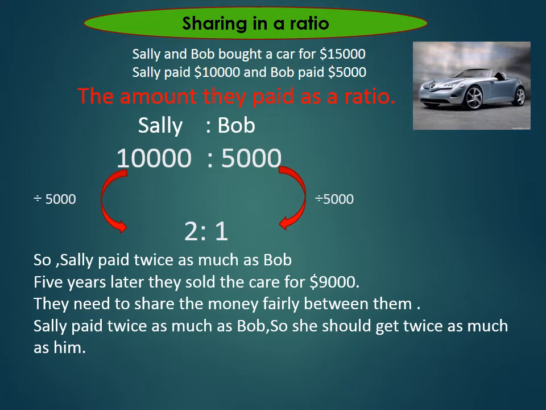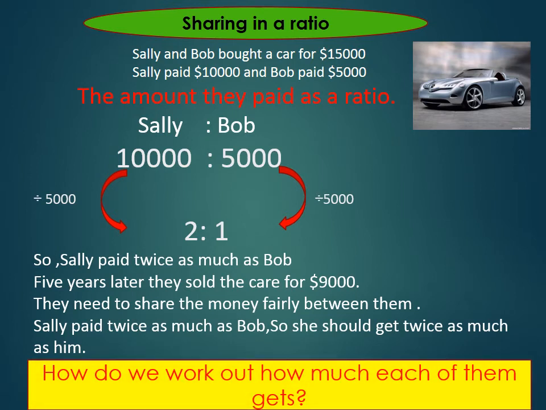5 years later, they sold the car for $9,000. They need to share the money fairly between them. Sally paid twice as much as Bob, so she should get twice as much as him.